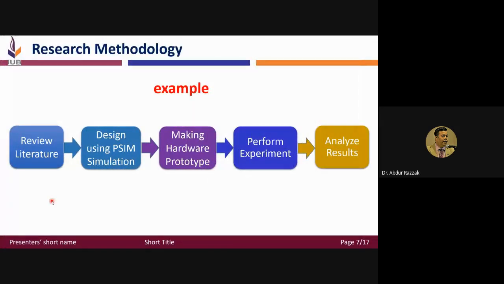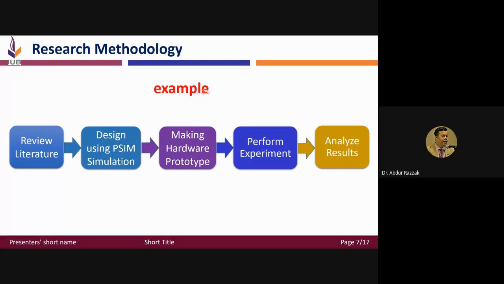Then this is the example of the research methodology. This is also needed in the research proposal and the progress report. This is a typical example: literature review, design using PSIM or simulation. You may have some other steps, for example the theory or some other design methodology, and then maybe simulation.